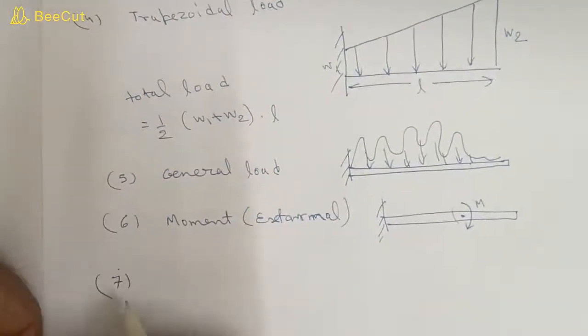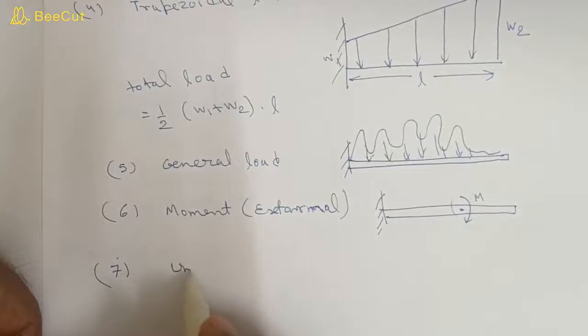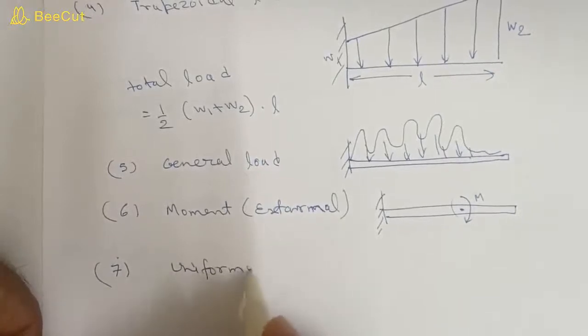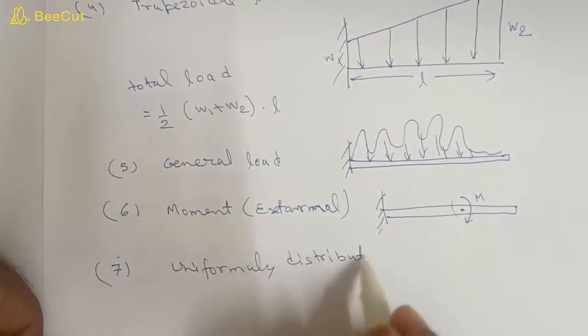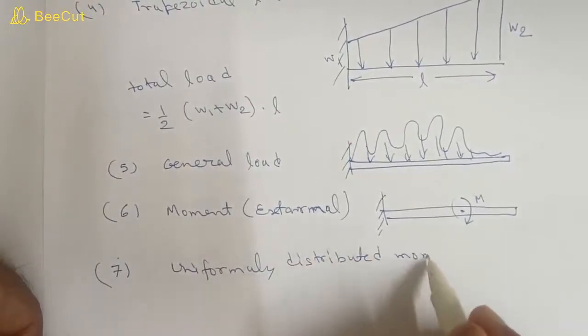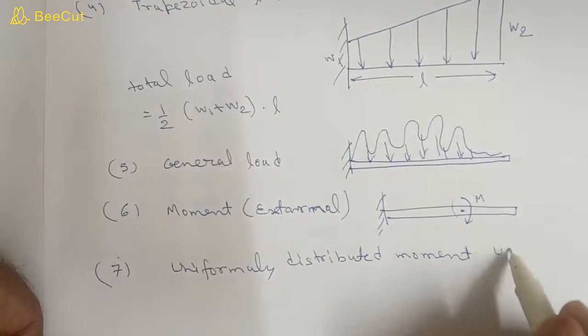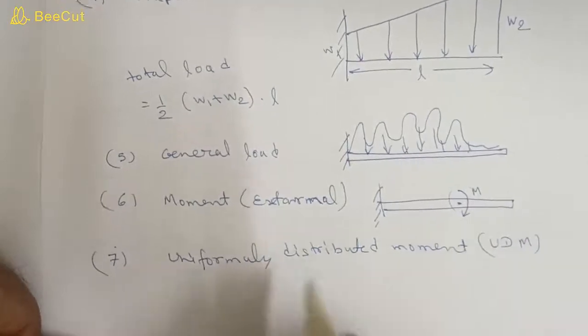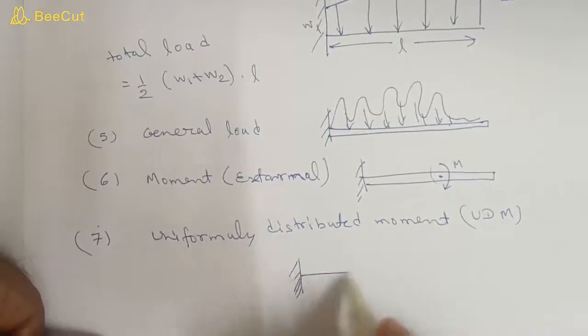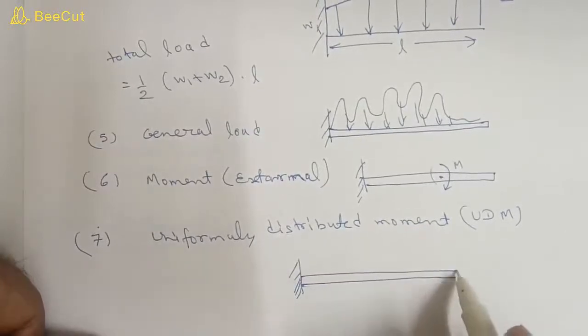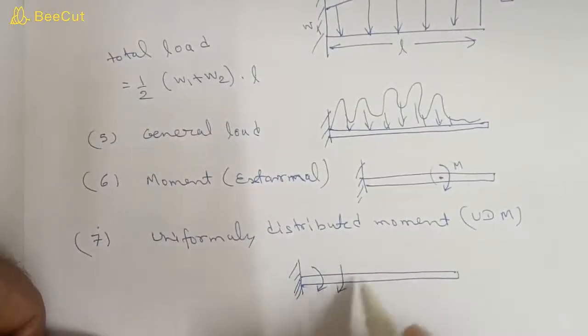Then the last one is uniformly distributed moment, UDM. Suppose this is a beam and the moment is distributed uniformly over the length of the beam, so we can denote it like this.